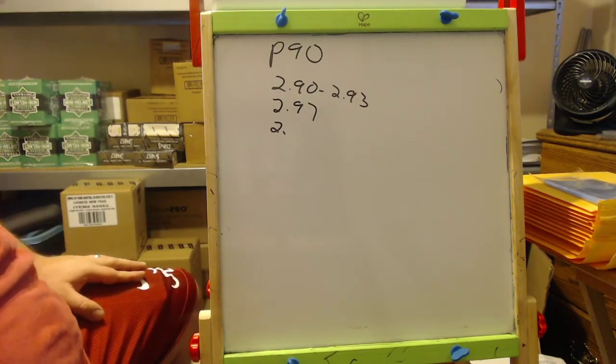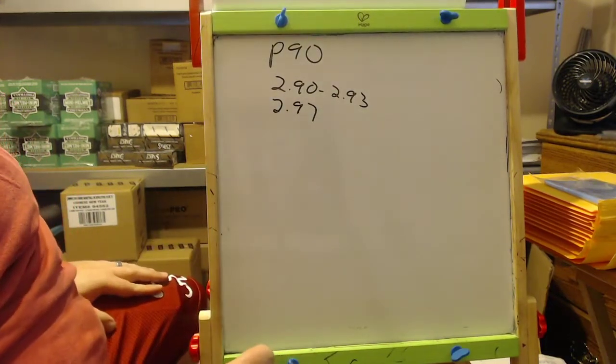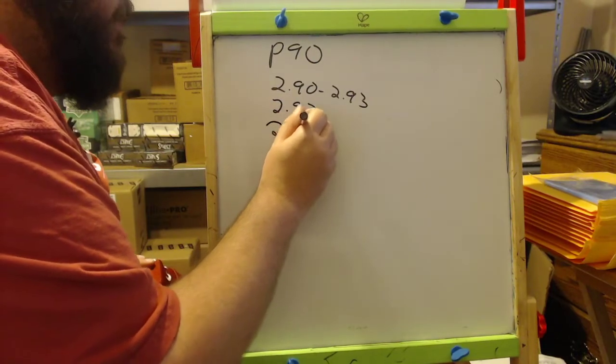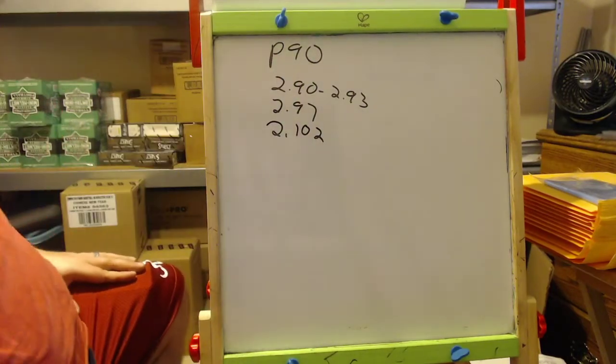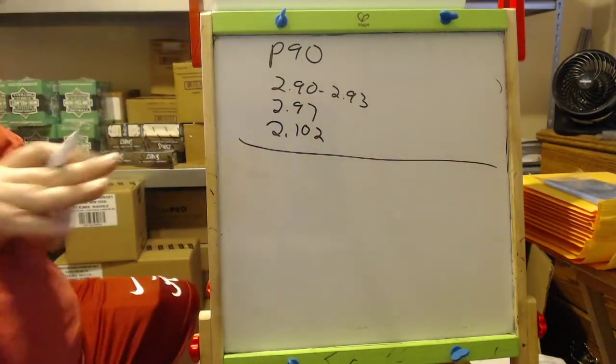No. That's it. 2.97 will do it. And how about 2.102 should work out. Yeah. 2.102. Okay. All right. So that's the homework. Draw a line there.